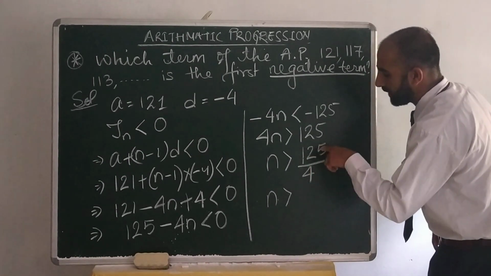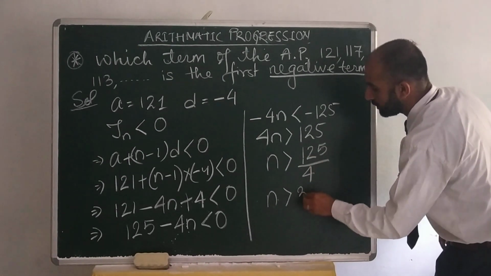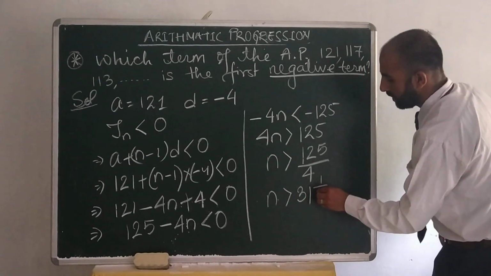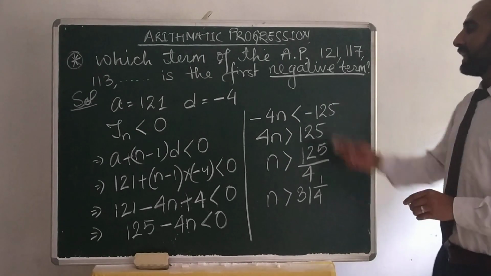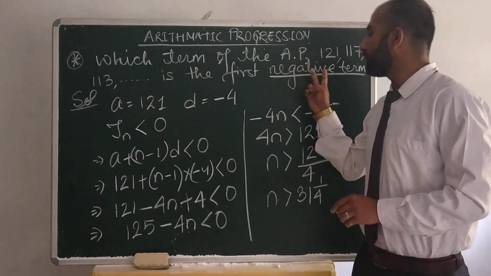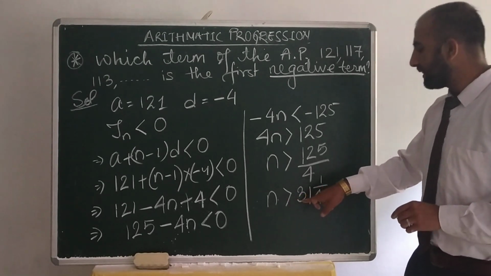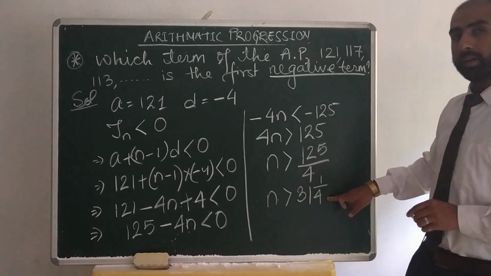Okay, let's divide 125 by 4. 4 3s are 12, 4 1s are 4, remainder 1, so 31 and 1 by 4. That means to get the first negative term, the number of terms should be more than 31 and 1 by 4th term.